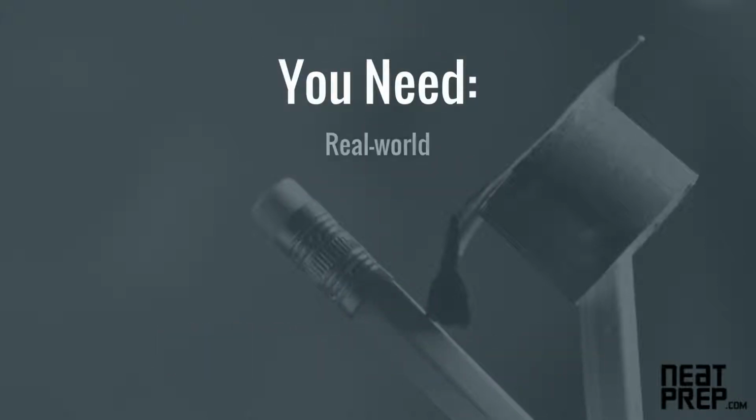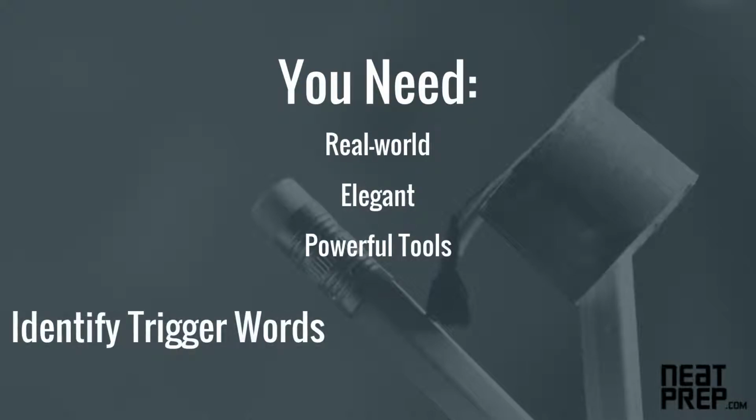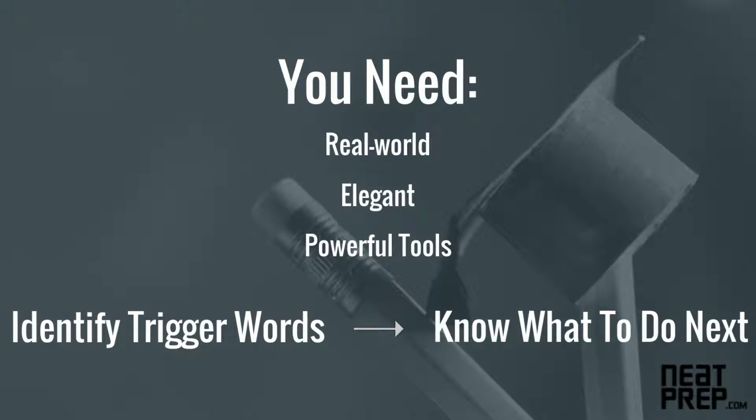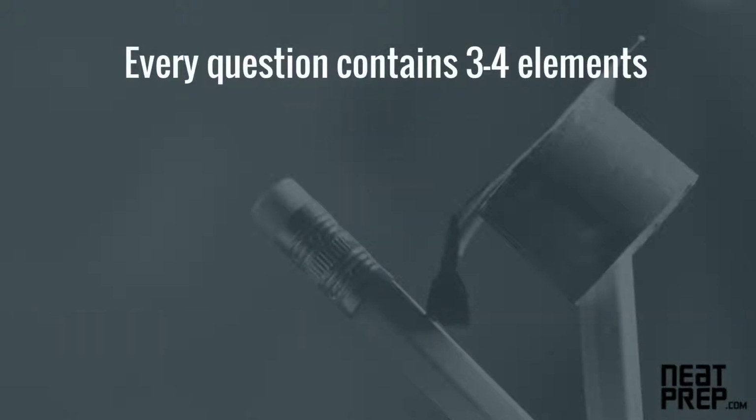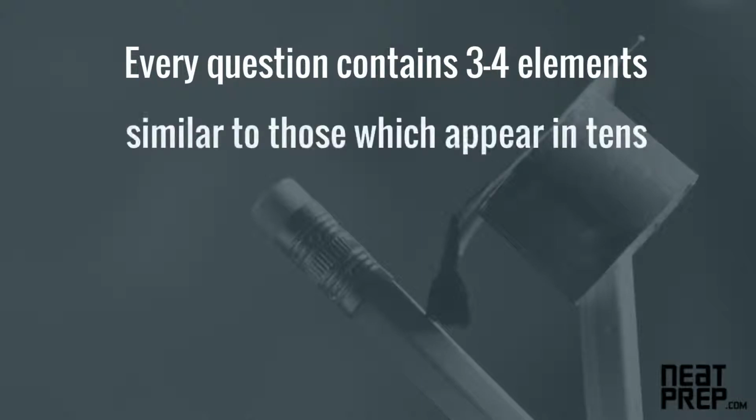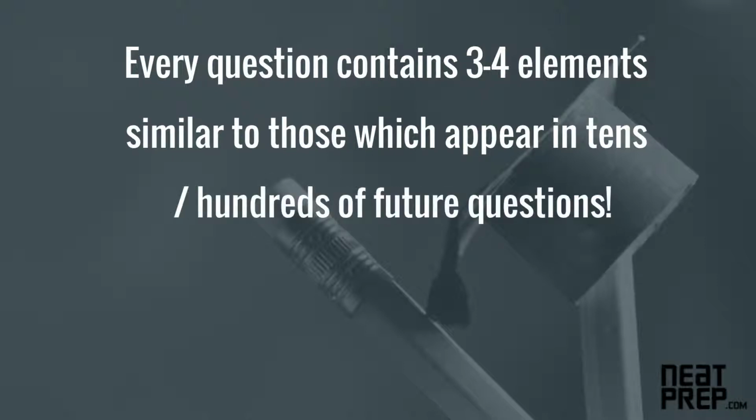So what you need are real-world, elegant, yet powerful tools which will help you identify certain trigger words contained in each question and then tell you exactly what you need to do next. Every question you'll ever see contains on average 3 to 4 elements similar to those which appear in virtually tens and sometimes hundreds of other future questions.